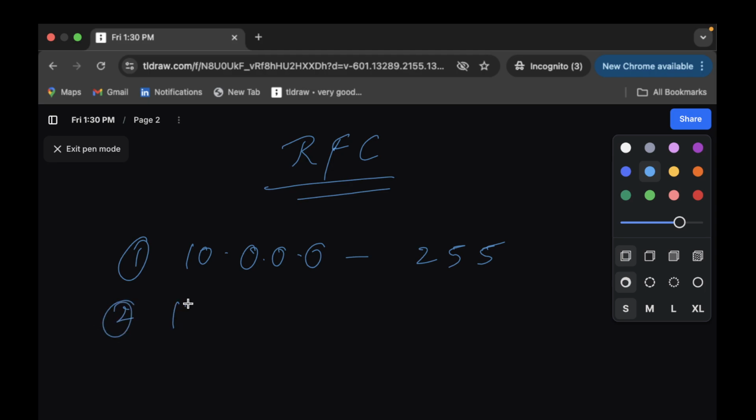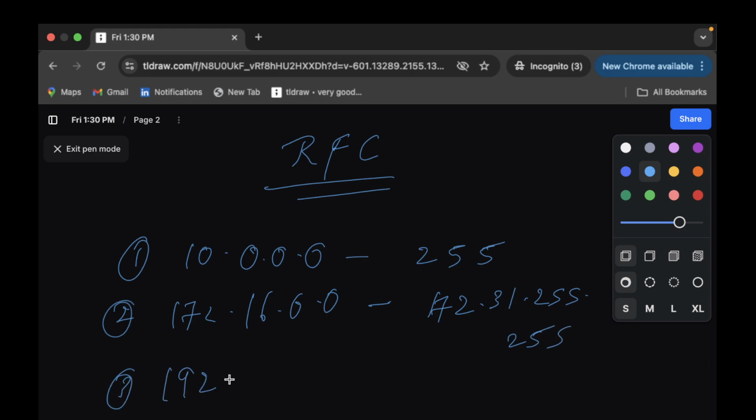The other is 172.16.0.0 to 172.31.255.255. The third IP range is 192.168.0.0 to 192.168.255.255. So these are the private IP ranges that have been specified by RFC.